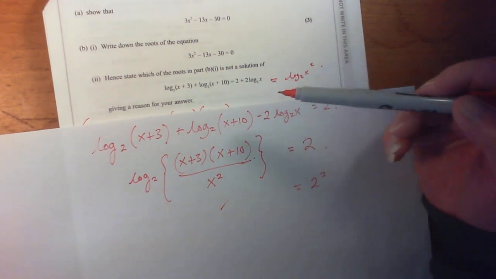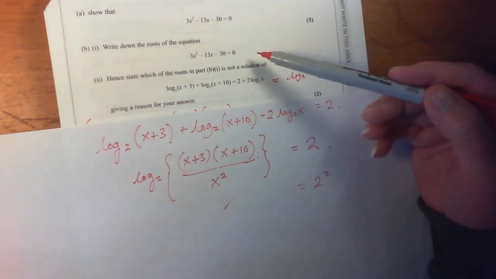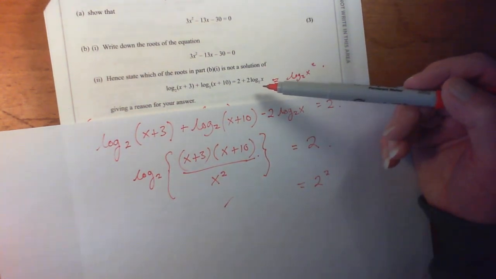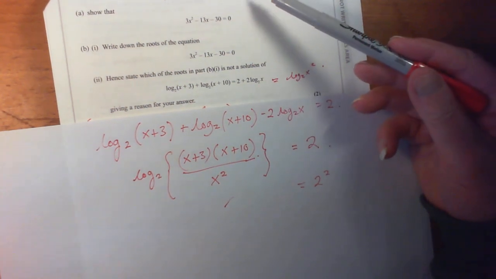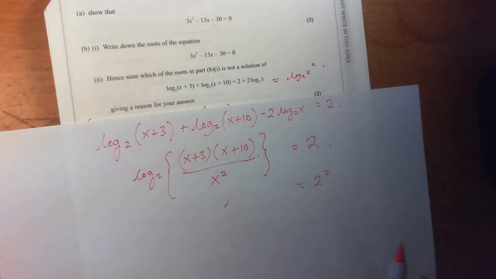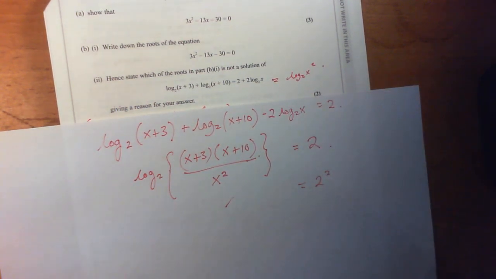And then it says, hence state which of the roots in part bi, i.e. this one here, is not a solution of this. So you've derived that from this equation at the top here. It says here, giving a reason for your answer. This is where some lovely situation always arises, when people have to write something down in English, and it commonly becomes a complete mess.